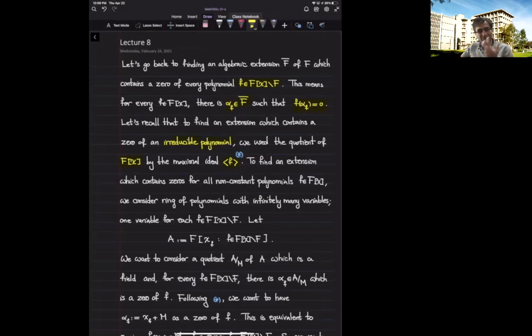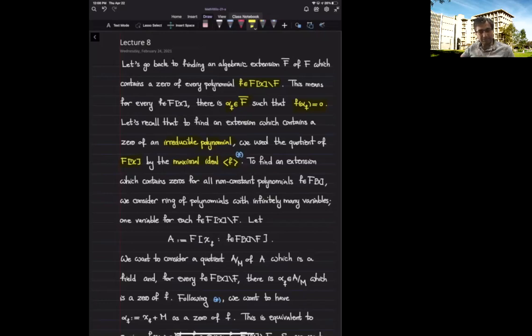Now we want to follow the same principle. But let's also point out how irreducibility came into the picture. Irreducibility came in because when f is irreducible, the ideal generated by f is a maximal ideal, and therefore the quotient ring is a field. So that's why irreducibility was important, because of maximal ideal.